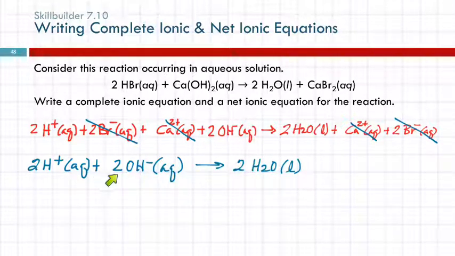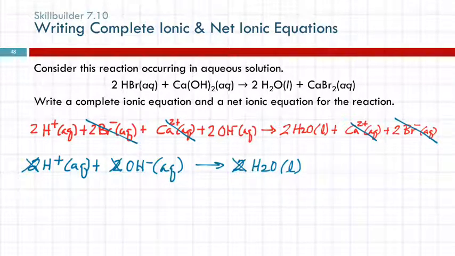I've got 2, 2, and 2. I could divide all the coefficients by 2 and it would still be balanced, right? So I'm just going to get rid of those. So hydrogen ion plus hydroxide ion forms water. That's the net ionic equation.